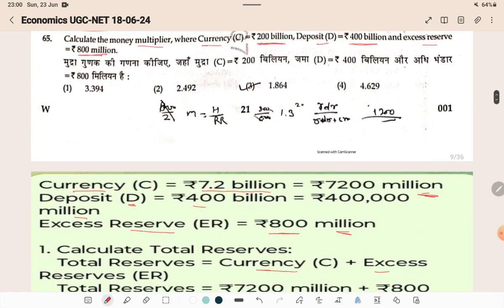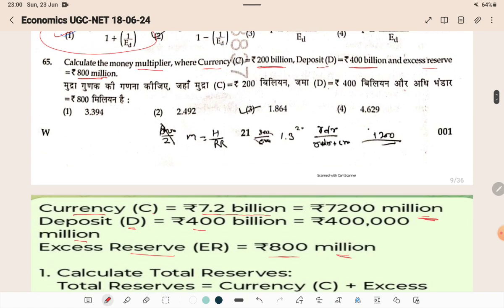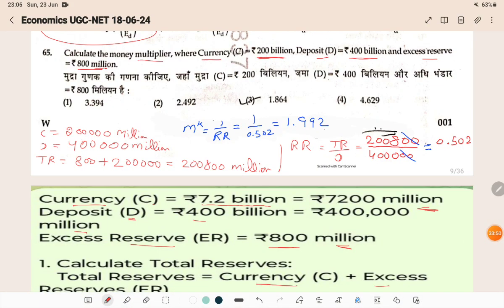So it's the same as this question. If we try to calculate this, here I solved this question. Currency is given here in billion, so I converted it into million here, and the deposits are also given in billion, so I converted them into million, multiplying by 1000.